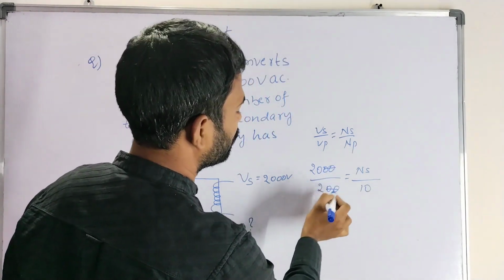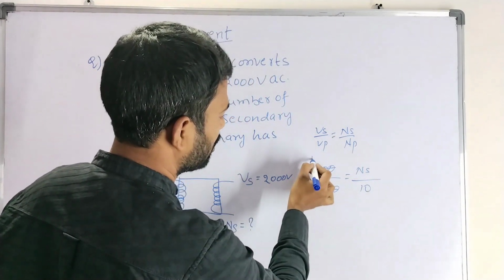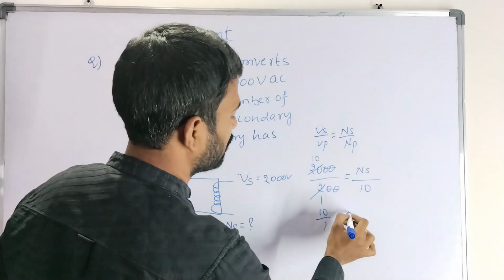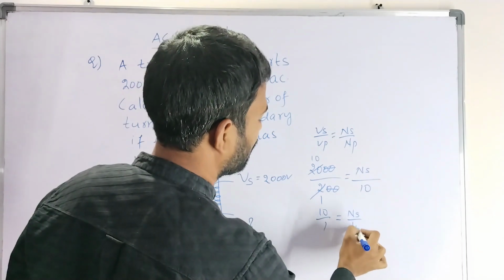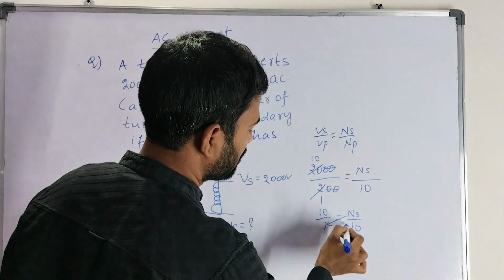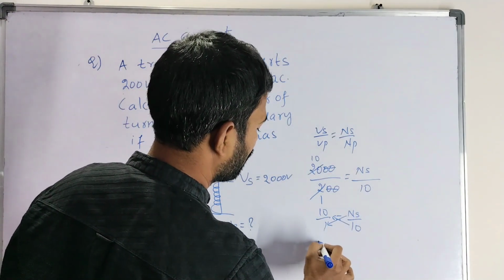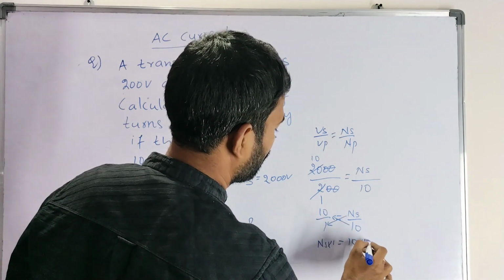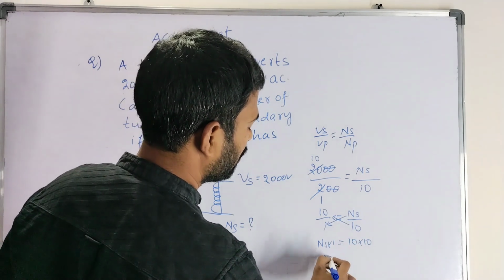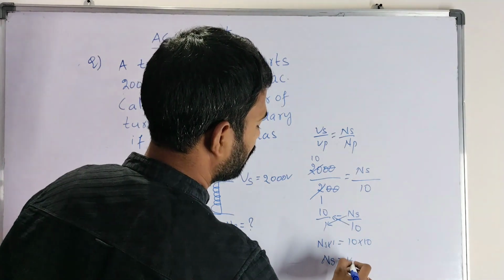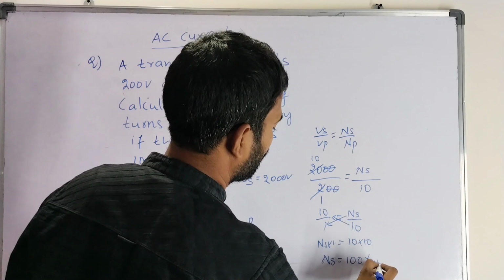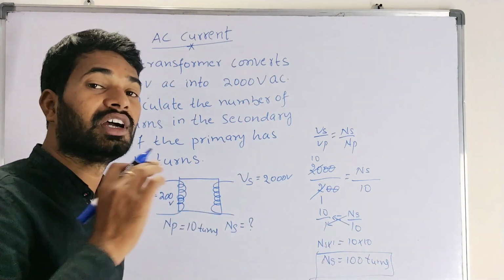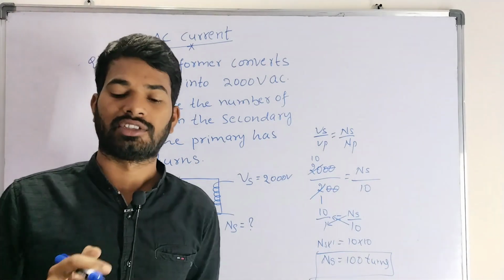Two zeros cancel, 2 ones are 2, 2 tens are 20, so 10 by 1 is equal to Ns by 10. I will do cross multiplication: Ns into 1 equals 10 into 10. Ns into 1 is Ns only, 10 into 10 is 100. So the secondary coil has 100 turns, that is the answer.